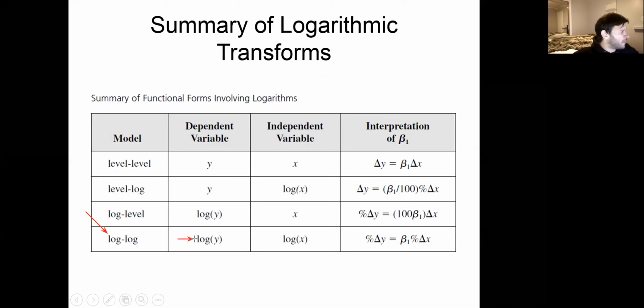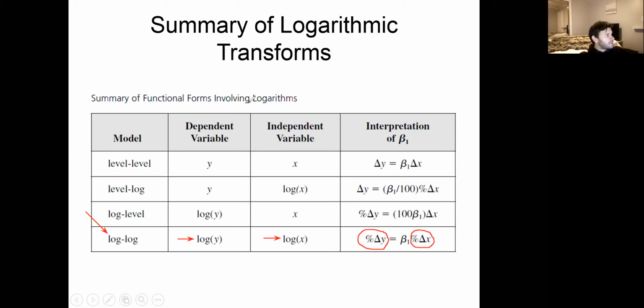Note that the left-hand side variable is logged and the right-hand side variable is logged. And in this particular case, we are now thinking about the changes in all the variables. The change in y is no longer delta y, it is percent change in y, and the change in x is no longer delta x, it is the percent change in x.